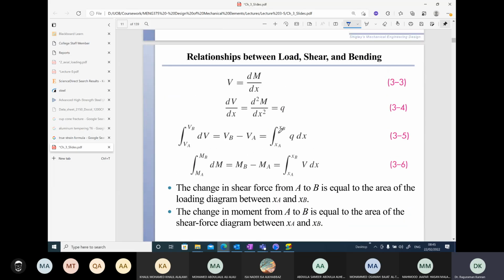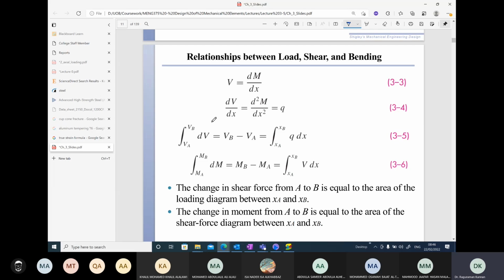What is the relationship between the shear force, bending moment, and the distributed load? The differential relationship is given here. Shear force is dM over dx, and the load is dV over dx. We can replace dV with dM over dx, and then we get d squared M over dx squared.